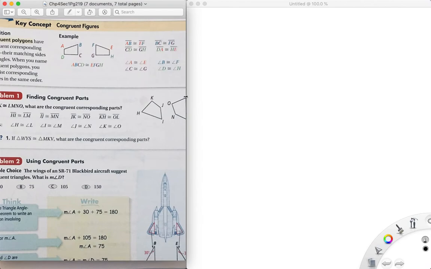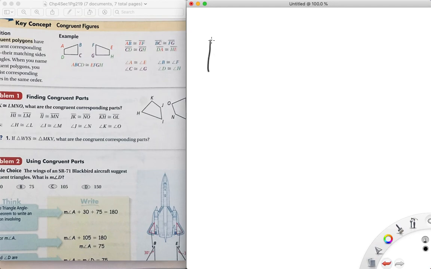They give us a quadrilateral here, and another quadrilateral.